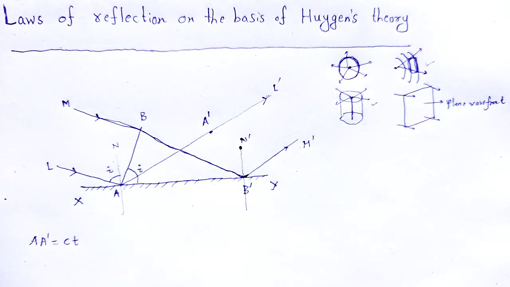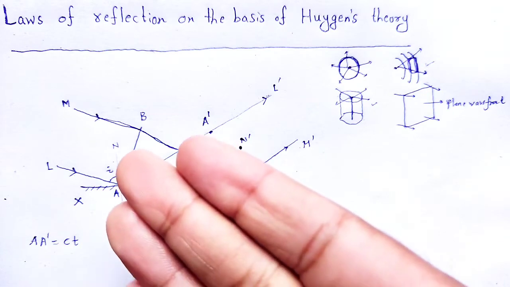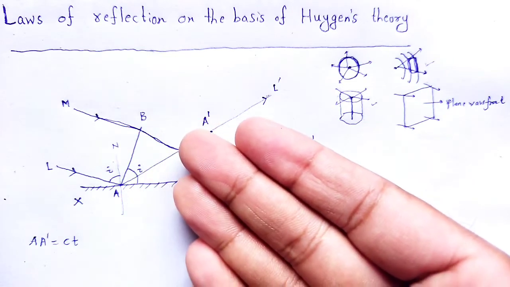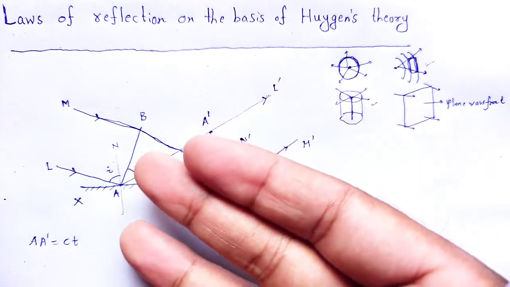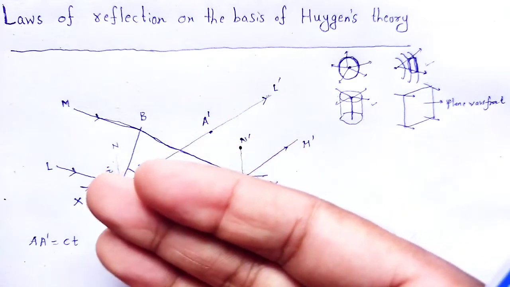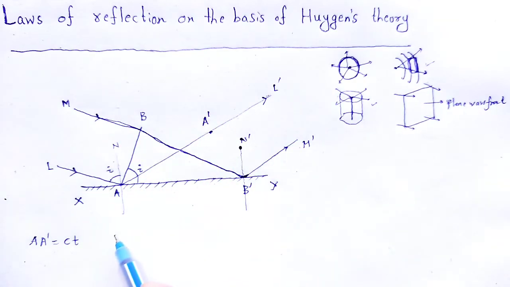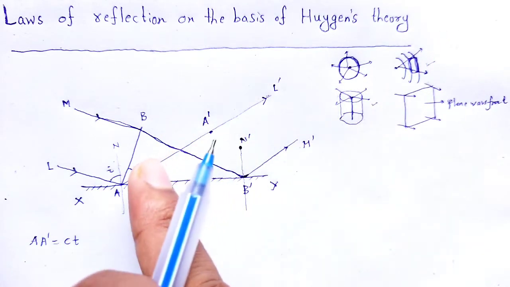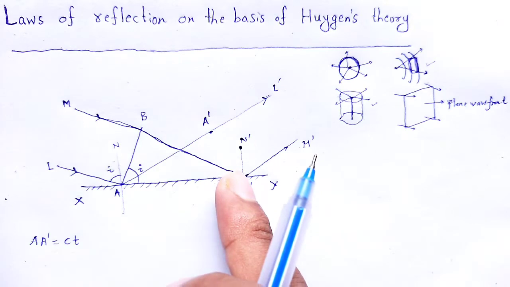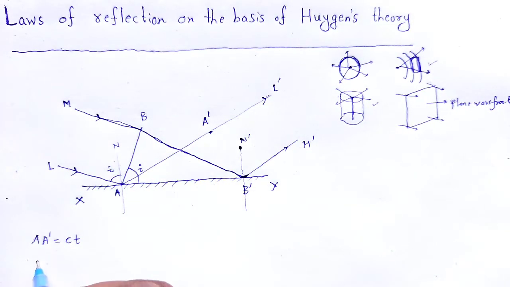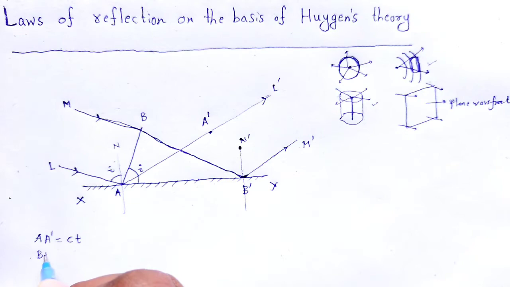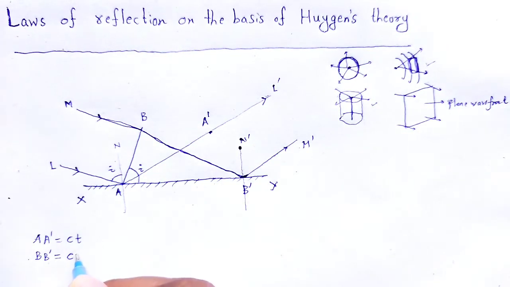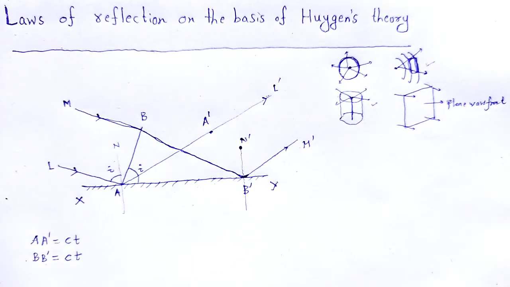From Huygens theory, the primary wavefront is the source for secondary disturbance, or we can say secondary wavefront. The same time is taken by point B to reach B dash, so the distance will be c into t.